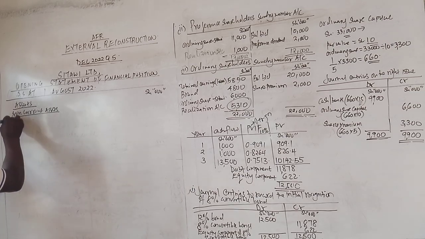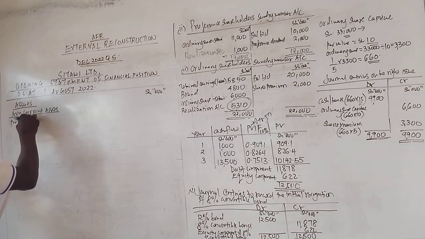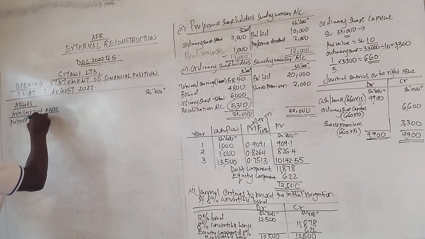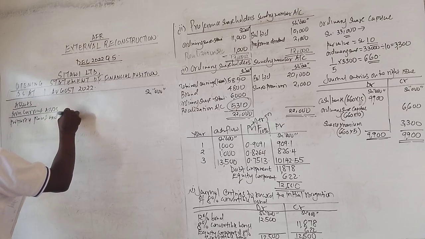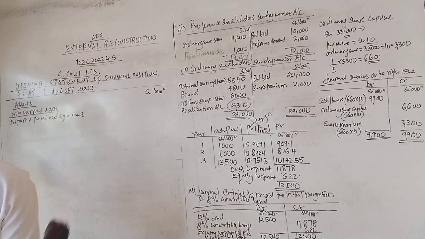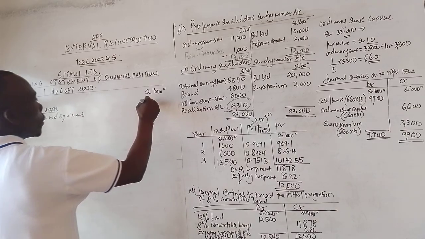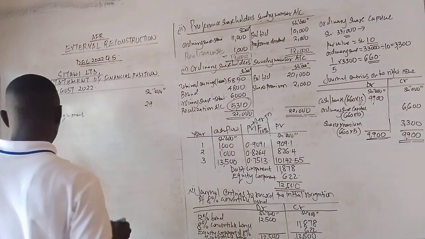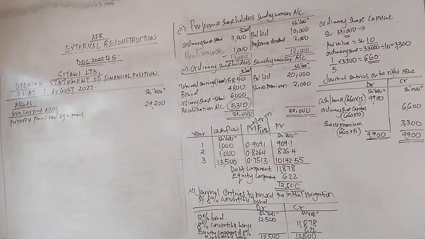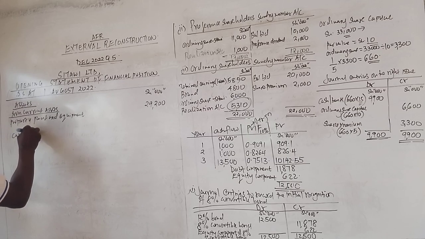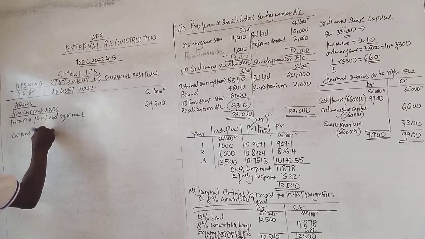So we have property, plant and equipment, which is 29,200.